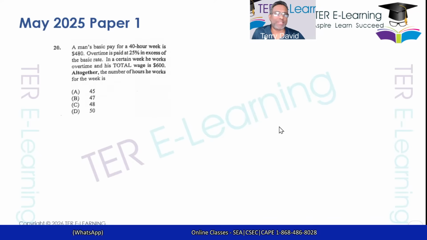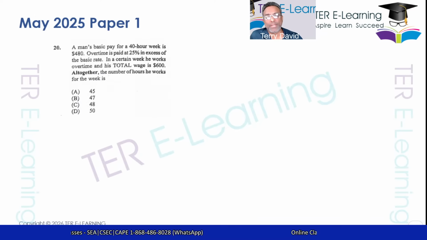A man's basic pay for a 40-hour week is $480. Overtime is paid at 25% in excess of the basic rate. In a certain week, he works overtime and his total wage is 600. Altogether, the number of hours he works. All right, so this question here seems to be a new question, right? It's a new question and it is a little trickier, right?